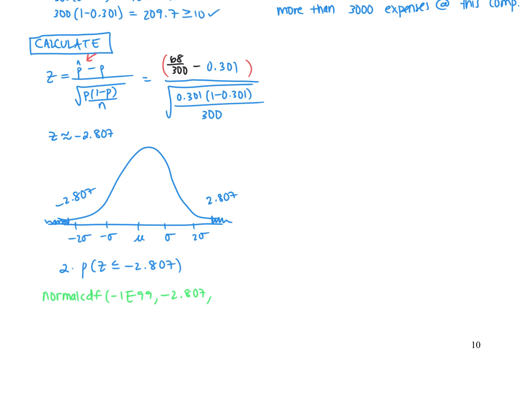That's a z-score, so we can just put a 0 in for the mean and a 1 in for the standard deviation. And then whatever you get, you're going to double it. And you should be able to tell from the figure that it's going to be a small number. It's about 0.005.